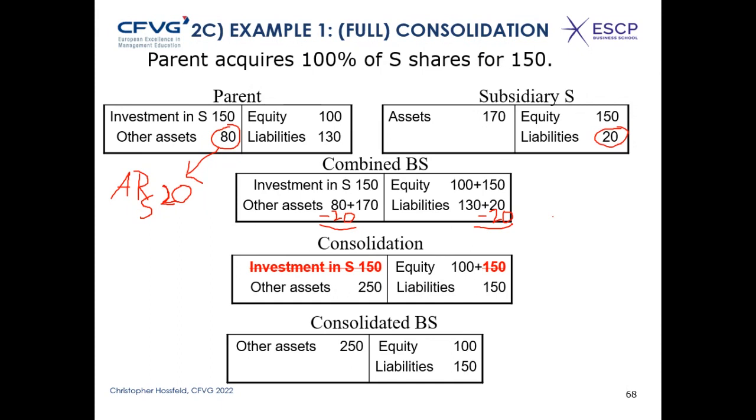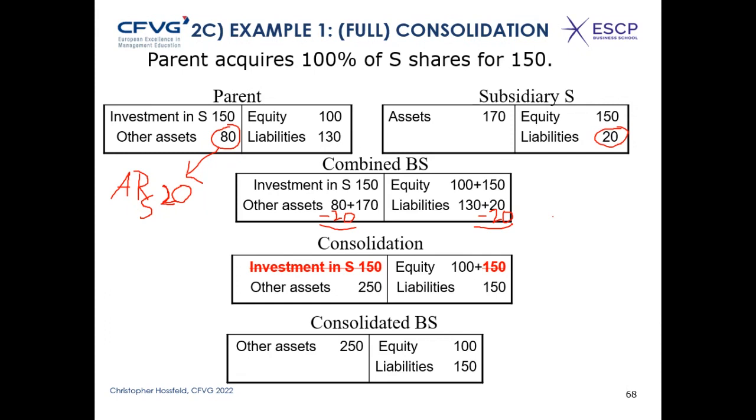Of course, we can have more complex cases. So what happens if I sell you inventory with a margin and you resold part of the inventory on the market, but part of the inventory is still held by you? How do I do this? Then obviously we have some more complex considerations.